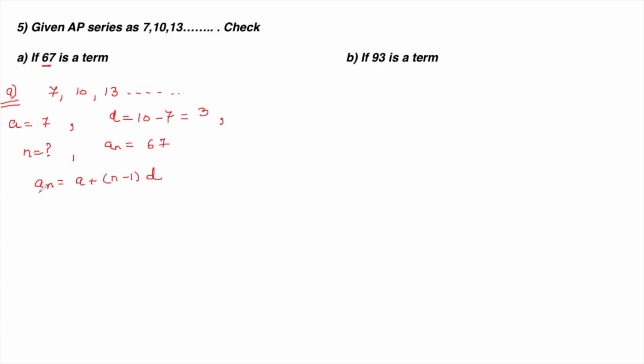We have the value of an, a and d, and now we need to find n. So 67 = 7 + (n - 1) × 3. So 67 - 7 = 3n - 3, or 3n - 3 = 60. 3n = 63, or n = 21.